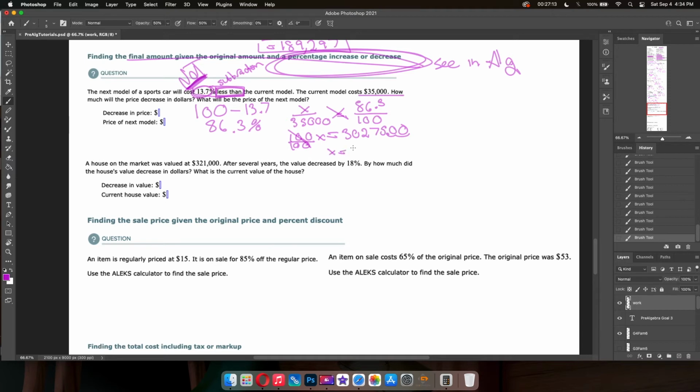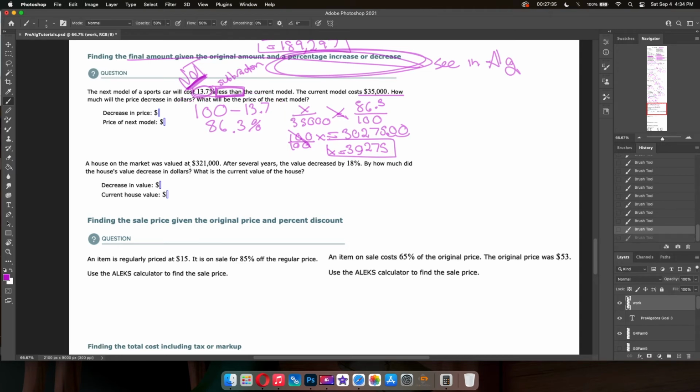So x equals $30,275. Now, if you'll notice, the math I'm going through is going a little bit faster because you've done this kind of work multiple times by now. There's nothing really new here except for this part that they're throwing at you.